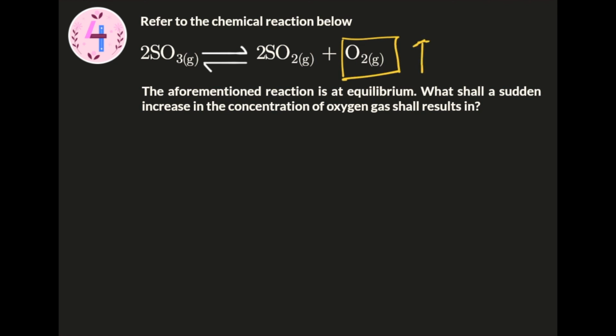In order to counteract, it shall move to the left, making more reactant. When you want to make more reactant, the concentration of sulfur dioxide needs to decrease, but the concentration of sulfur trioxide needs to increase. So this is the final answer for question number 4.